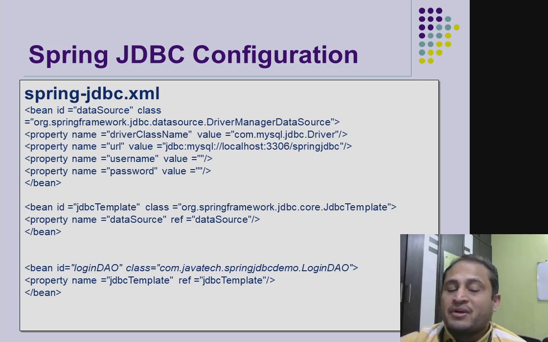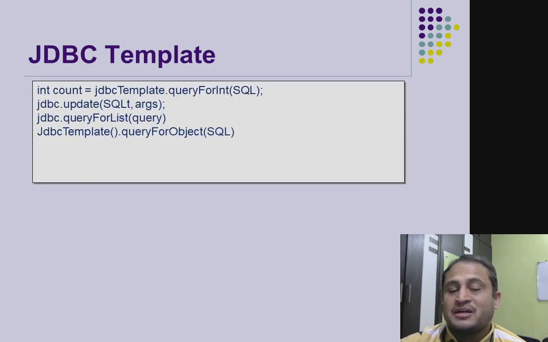Maybe you are defining one login DAO. You just need to set the JDBC template as a property into that login DAO. Your login DAO would be ready to use the Spring JDBC template, and you can use all the features of the Spring JDBC template. How it is possible, I can show in the next slide.